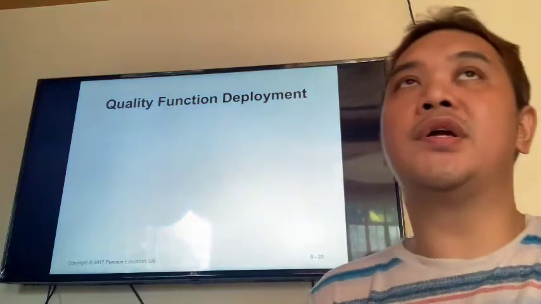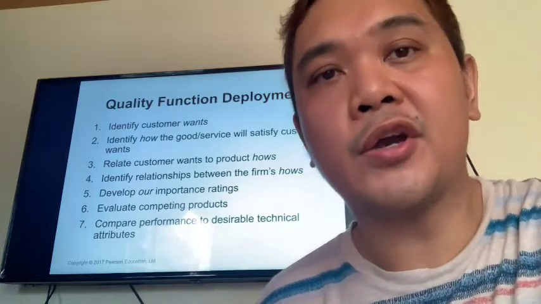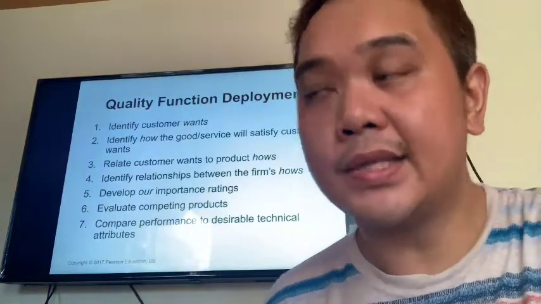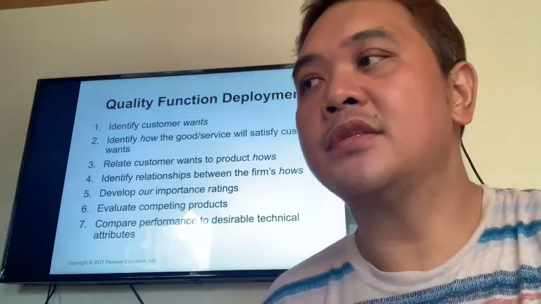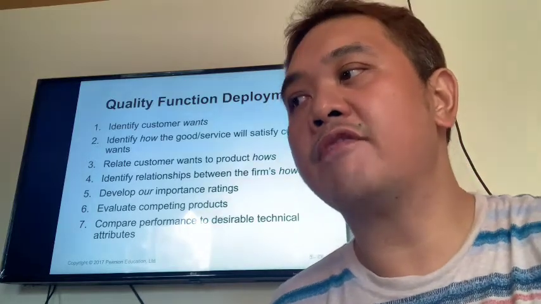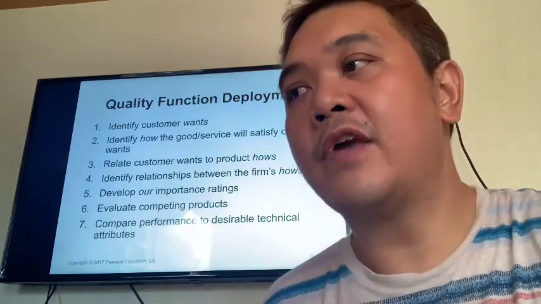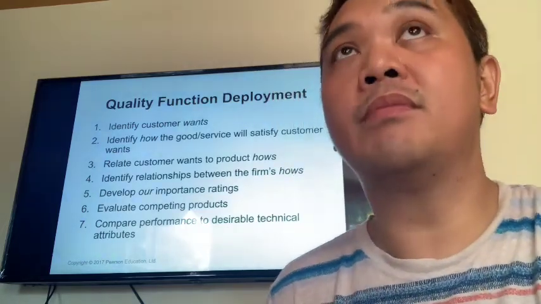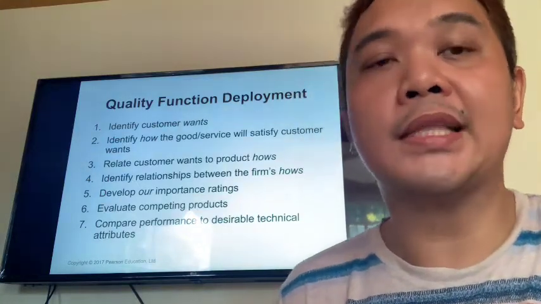So the functions or the purposes of house of quality or QFD is identify your customer wants, identify how the goods and services will satisfy your customer wants, relate customer wants to product house, identify relationships between the firm's house or what we call your technical requirements, develop their importance rating, evaluate competing product, and compare performance to desirable technical attributes.